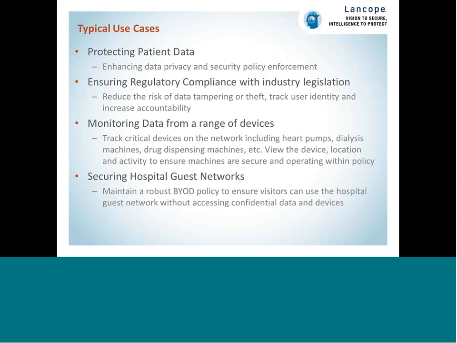We can ensure regulatory compliance with particular legislative laws and efforts by, again, watching for data tampering, theft, and seeing what devices touch what other devices in my environment. We can even establish rules saying, you know, please alert me if anything touches, for example, a particular set of devices besides the ones that are allowed in the policy.